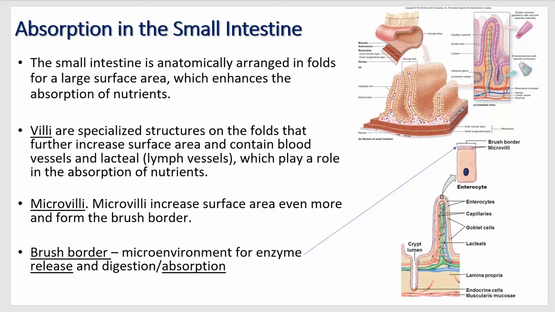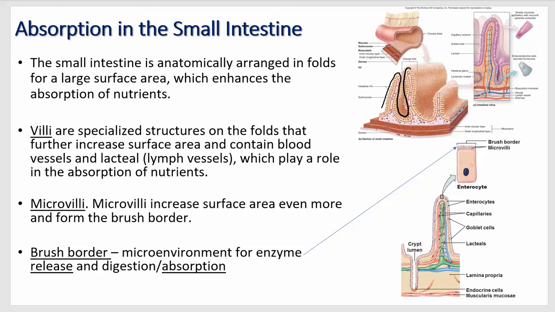But I want to point out an important point about the intestine, and that is that it has a lot of surface area. It's anatomically arranged in these folds that increase surface area. You can imagine if this was just straight, then you would just have that much surface area.